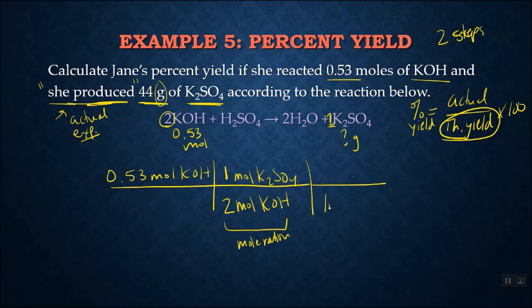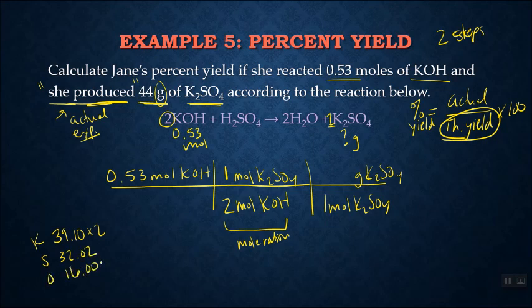So diagonal down, that 1 mole of K2SO4, and then we go to grams of K2SO4. Now potassium is 39.10 on the periodic table, sulfur is 32.02, and oxygen, of course, is still 16 times 4. So we're going to multiply that and add it up in order to get our molar mass of potassium sulfate.